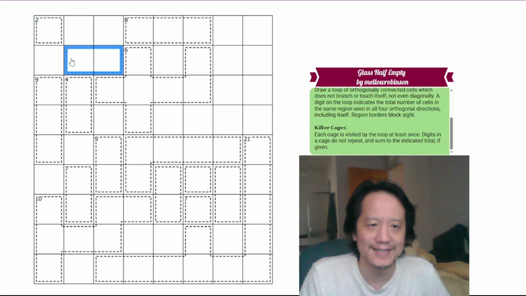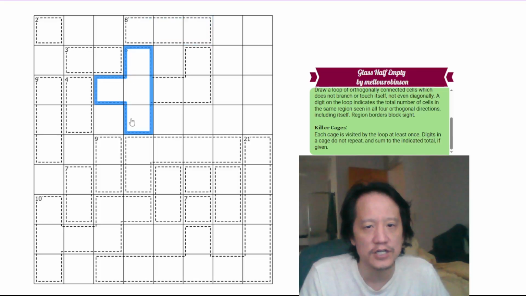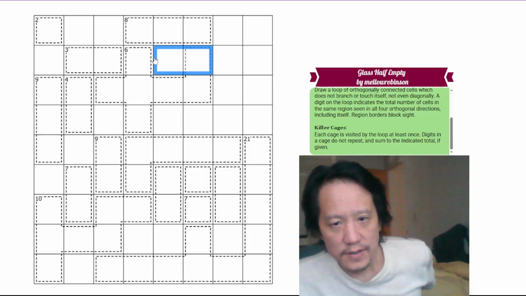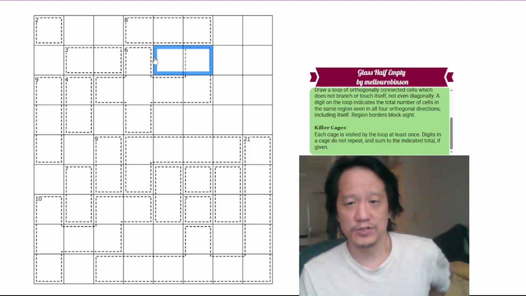Any digits in this cage must add up to 3. Any digits in this cage must add up to 6. And each killer cage must be visited by the loop, which means it enters the cage at least once. It could enter the cage multiple times.